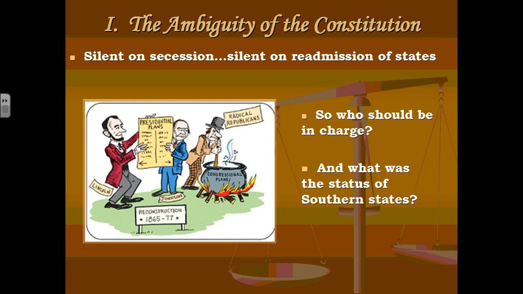Obviously, Republicans in Congress felt the same way. The other question was exactly what was the status of the southern states. As far as Lincoln was concerned, they had never really left the Union. They were in a state of rebellion. Some radical Republicans, though, believed that they had left the Union and needed to be completely reformed.